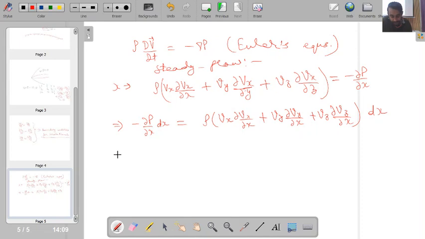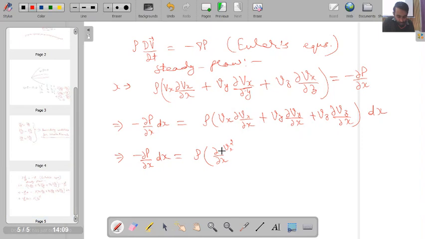So this becomes minus del p by del x into dx equal to rho times, and here vx and this vx I can write as del by del x of vx square by 2. Taking the 2 outside with rho, rho by 2, similarly I can write plus del by del y of vy square plus del by del z of vz square.